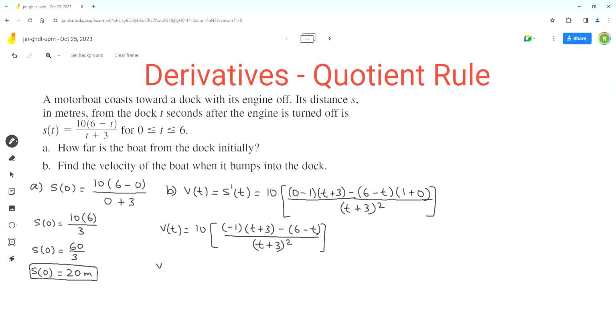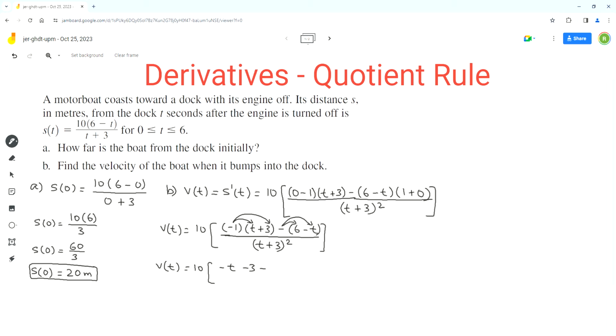Now we can simplify the numerator by distributing the terms. So in the first part, we can distribute negative 1 into the parentheses. So we get negative t minus 3. And in the second part also, we can distribute the negative sign in the parentheses, and change the sign of the terms in the parentheses.